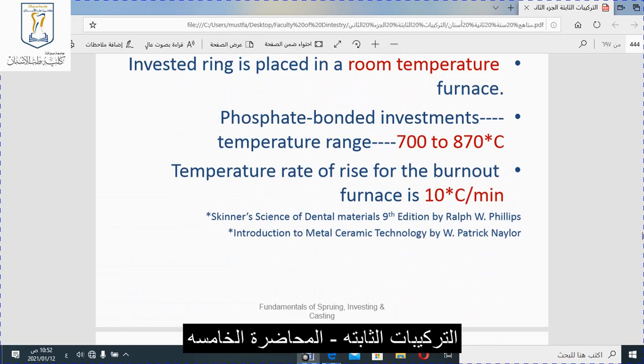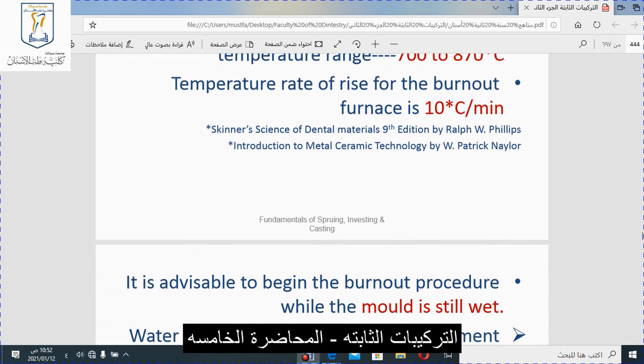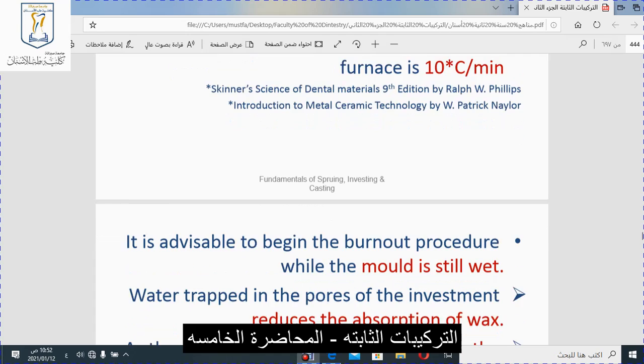This is important, because thermal shock will break and disintegrate the investment, produce fins, and the cast may be incomplete, either the margin is lost or some details are lost.